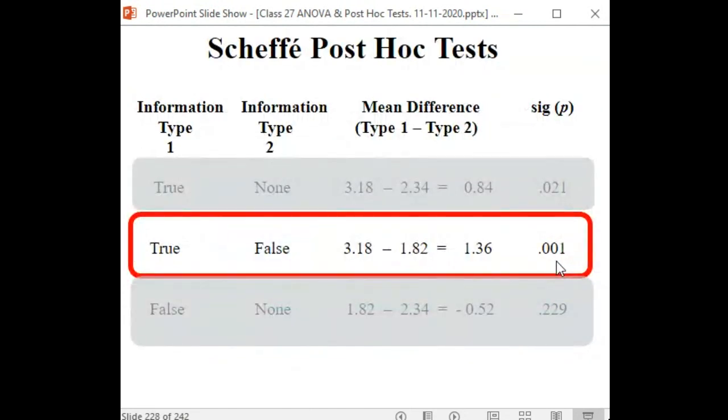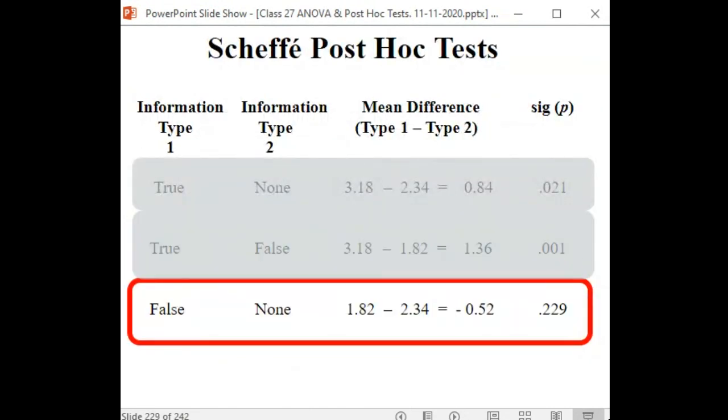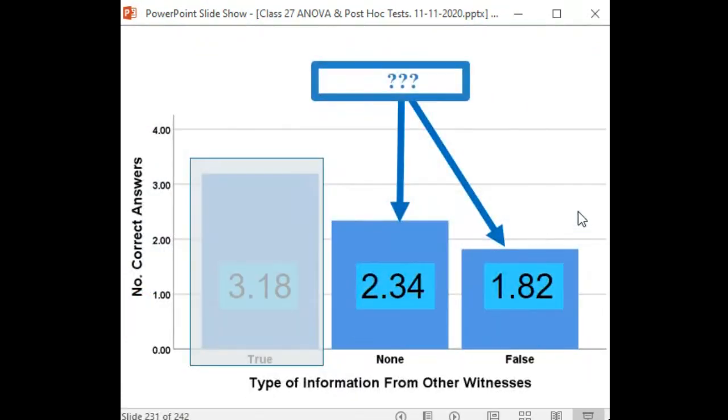Okay, so now we're ready to look at the third row. This row compares the students given false information with the students given no information. Here they are, the two groups, false information, no information. So these are the groups being compared with means of 2.34 and 1.82.